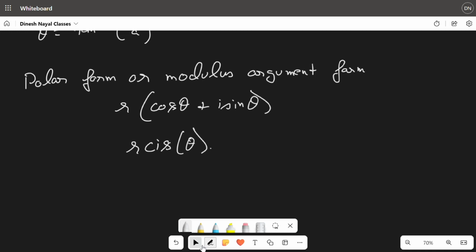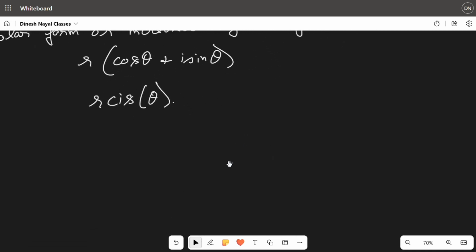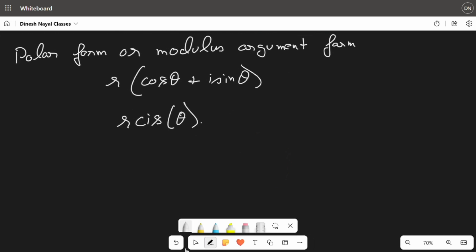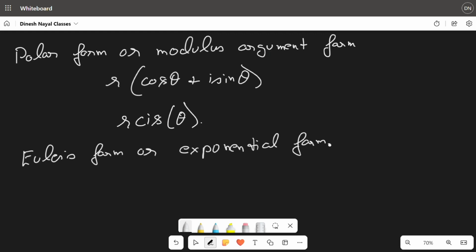Now what's the Euler's form? Let's study the Euler's form, or exponential form, of a complex number.